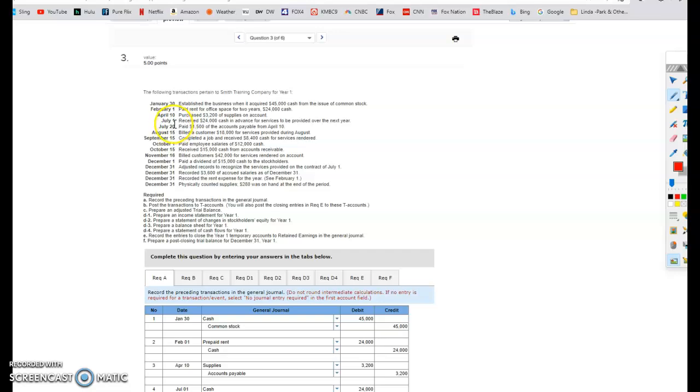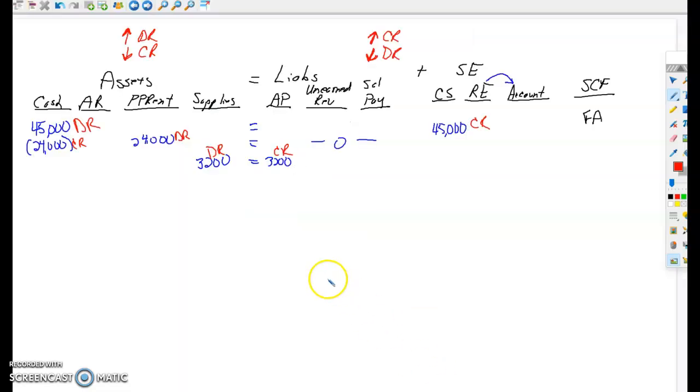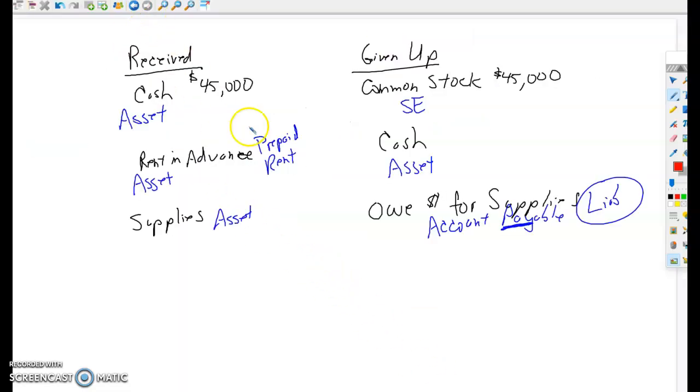All right, next one, July 1, received $24,000 cash in advance for services to be provided over the next year. We haven't provided the services yet. We're going to provide them. So, let's stop and think.